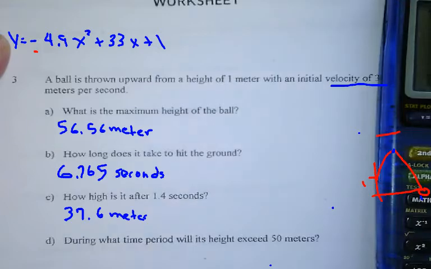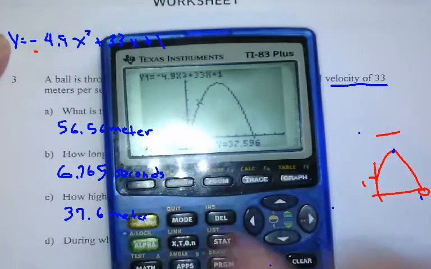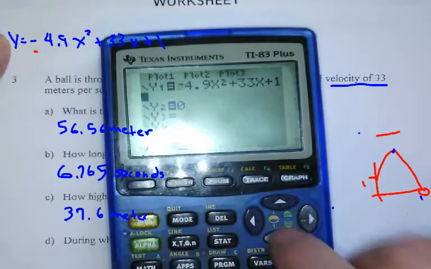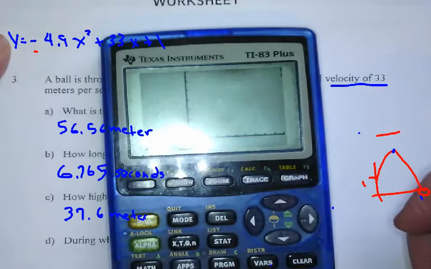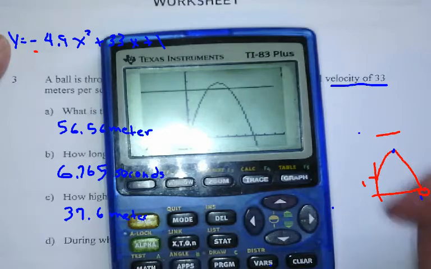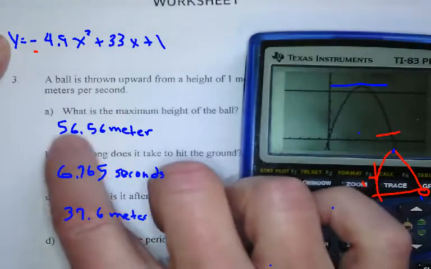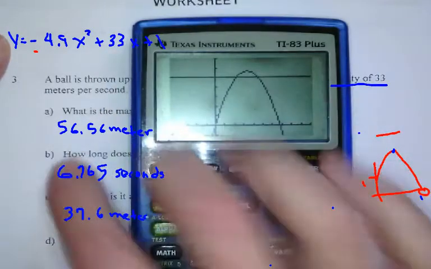And then, when will it exceed 50? Remember what we did? We come down here. We had typed 0 in to find the x-intercept, but we're going to type 50 in to find the place. How long is it above 50? Now remember, it goes up to 56 and a half.